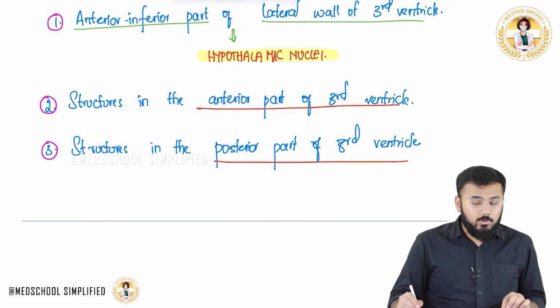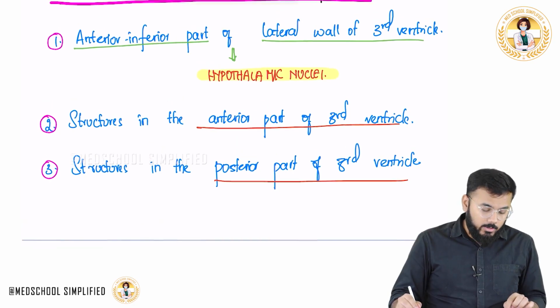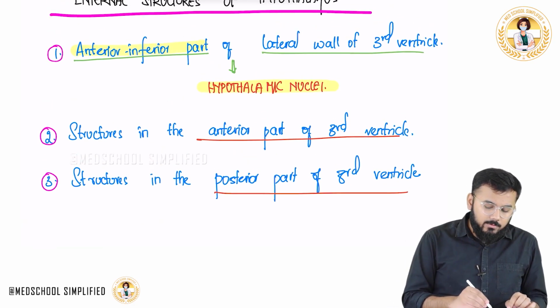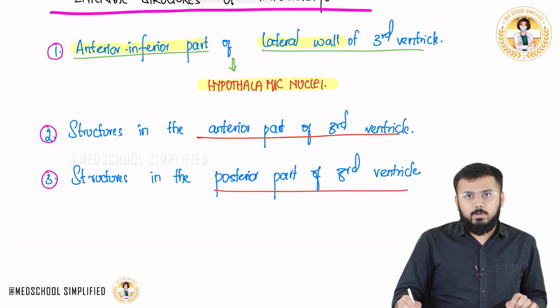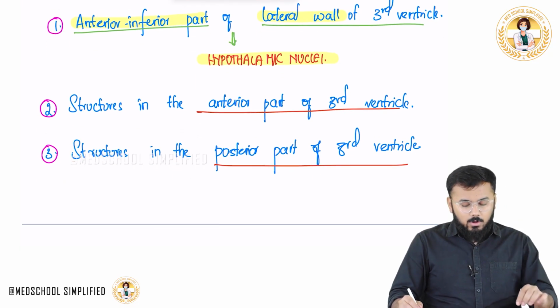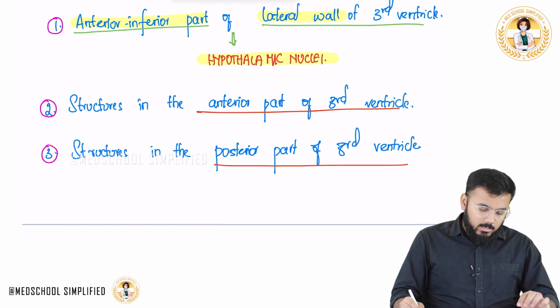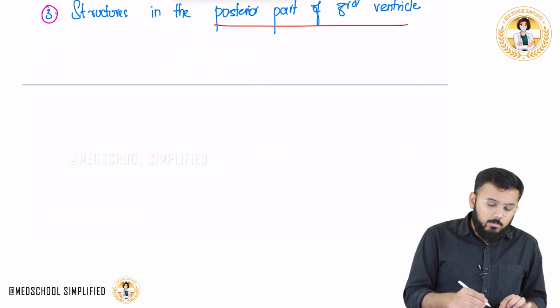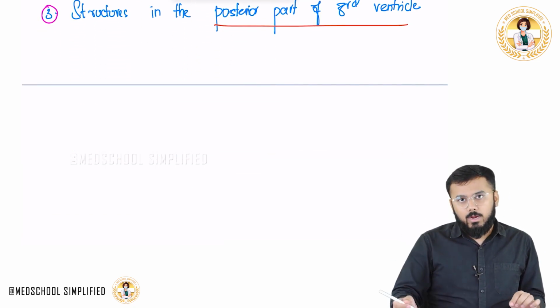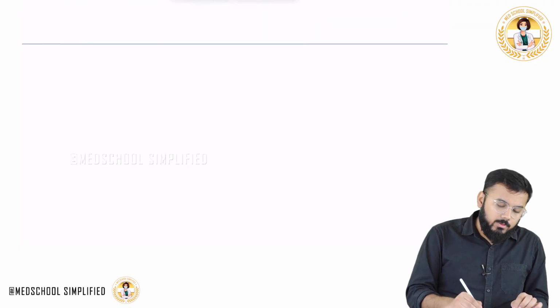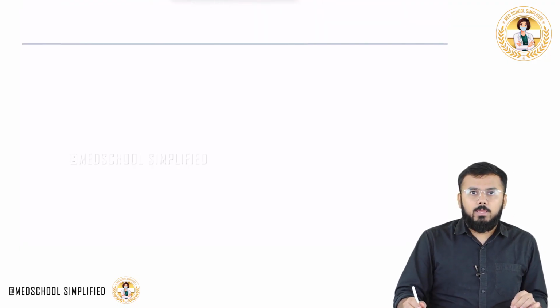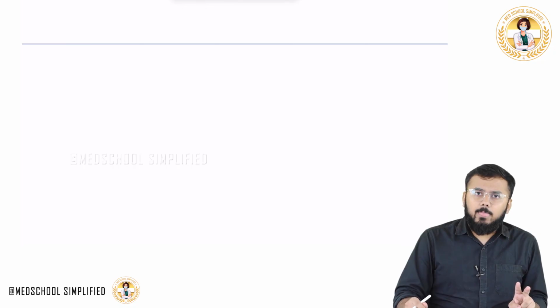What are hypothalamic nuclei, and where are they located? They are located in the anterior inferior part of the lateral wall of the third ventricle. Before I enter into the picture, let me write some text about these nuclei. There are two different ways you can classify the hypothalamic nuclei.